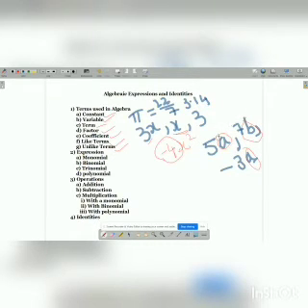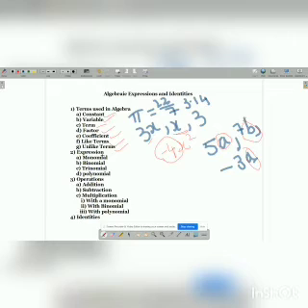Did you understand the difference between like terms and unlike terms? Like terms are the terms which have the same literal. The terms which have different literals, which are not the same, are called unlike terms. These are the terms which you will use in algebra.